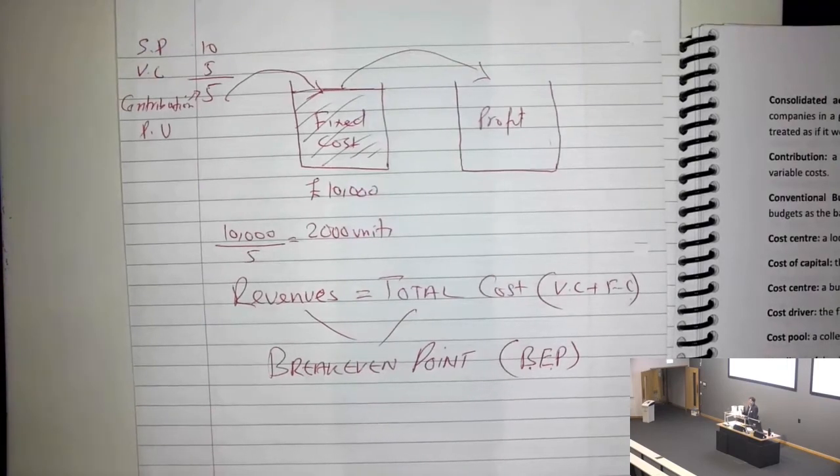So let's say a profit center manager, which we looked at in the first class, would get a target of achieving a certain amount of profit. If your boss tells you that this year your target is to achieve a profit of 100,000, how are you going to achieve that?